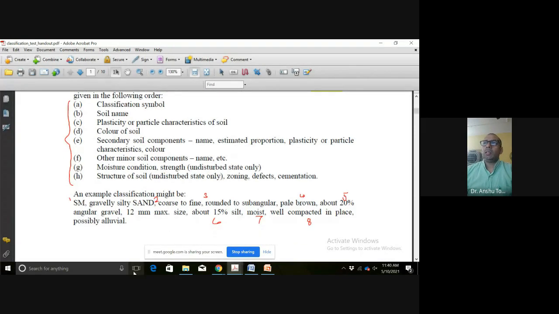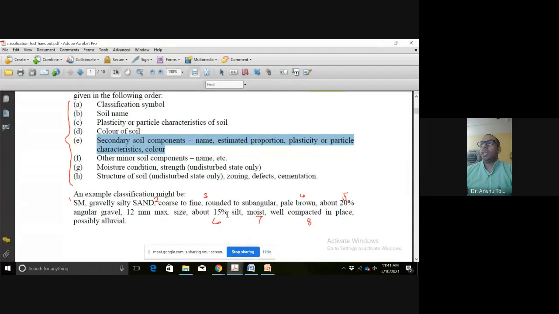Then the third one is plasticity or particle characteristics, that is coarse to fine. Then similarly color, that is pale brown, the color of the soil. Then we have got secondary soil components: name, estimated proportion, plasticity, particle characteristics, color, that is 20% of angular gravel.